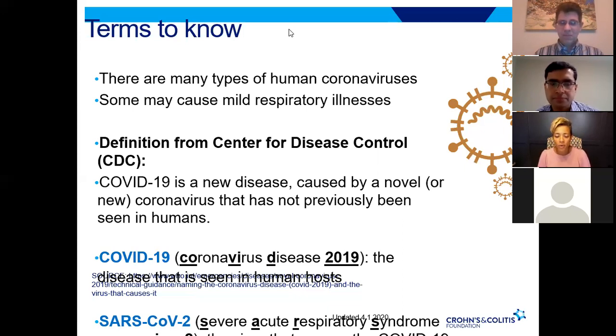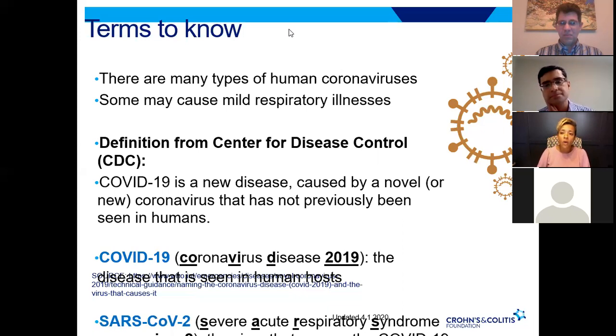The CDC definition for COVID-19 is that it's a new disease caused by a novel coronavirus that hadn't been previously seen in humans. That coronavirus is SARS-CoV-2.